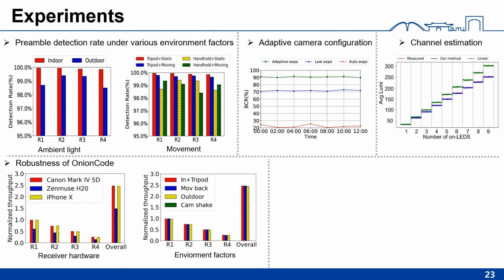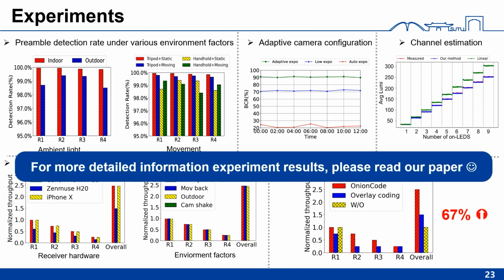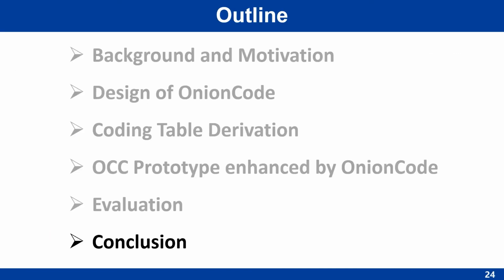We compare ONIONCODE with the state-of-the-art hierarchical coding scheme, overlay coding, under a 4-layer design. The results show a 67% increase in the overall normalized throughput. The audience can read our paper to get more detailed information on evaluation results of interest.